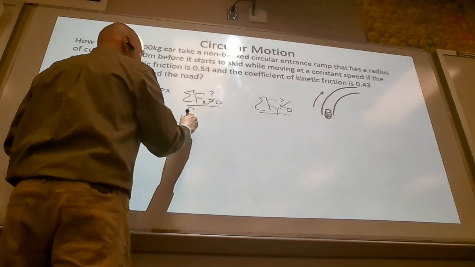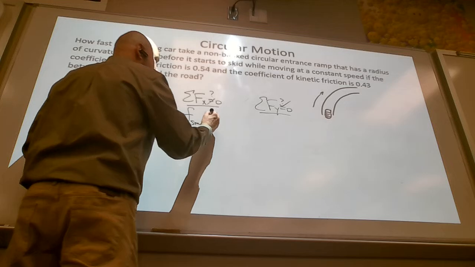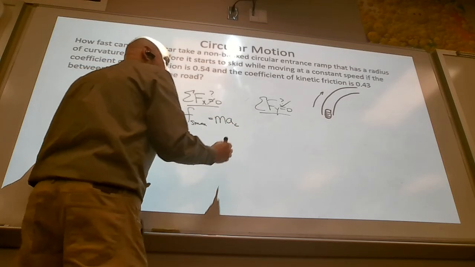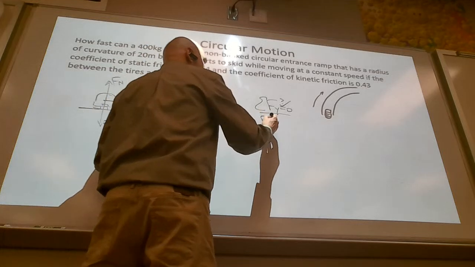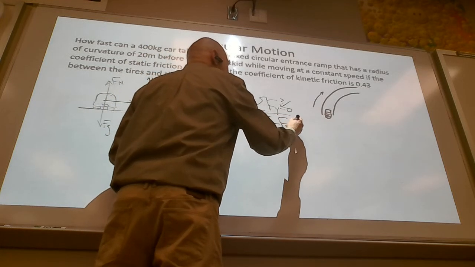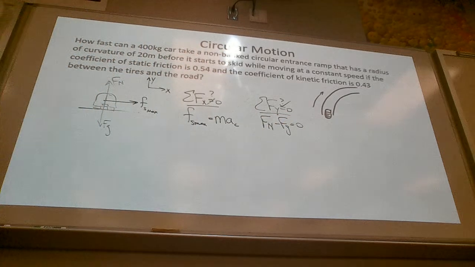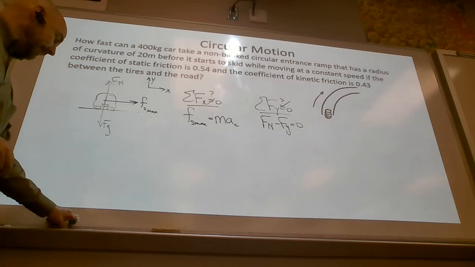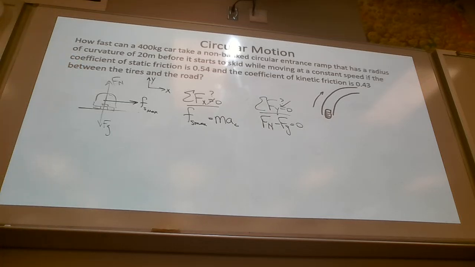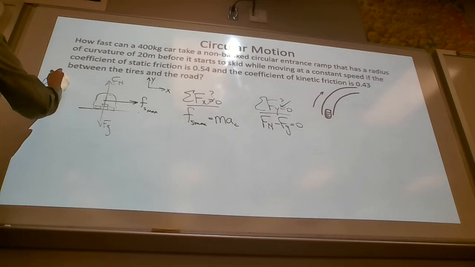Okay? So I've got maximum static friction is equal to mass times centripetal acceleration. And I've got normal force minus gravity is equal to 0. Okay with that? Okay. I'm going to do some crazy stuff here. Ready for this? All right, so a lot of times we know that centripetal acceleration is going to be equal to speed squared over the radius.